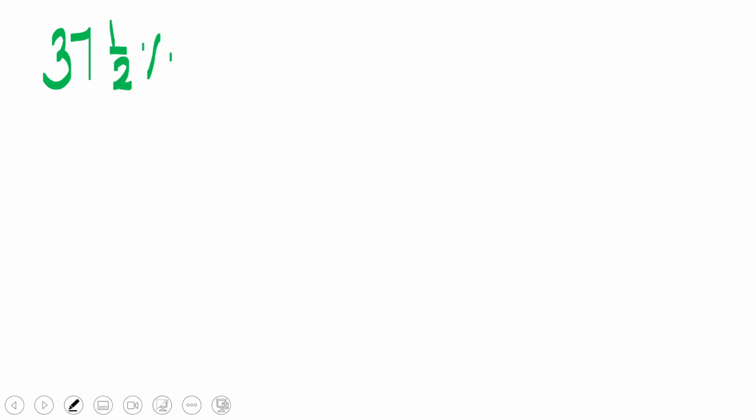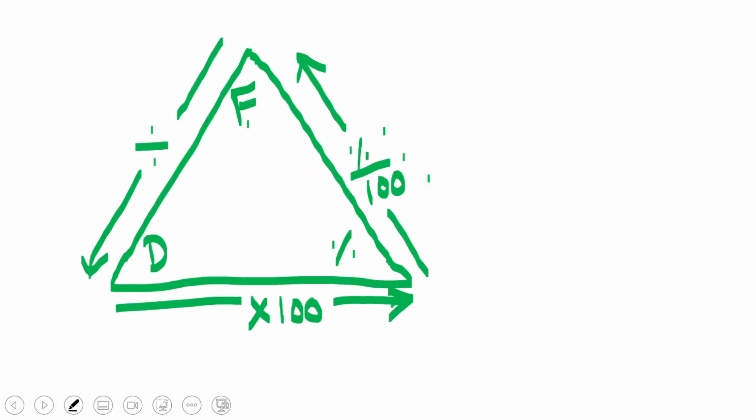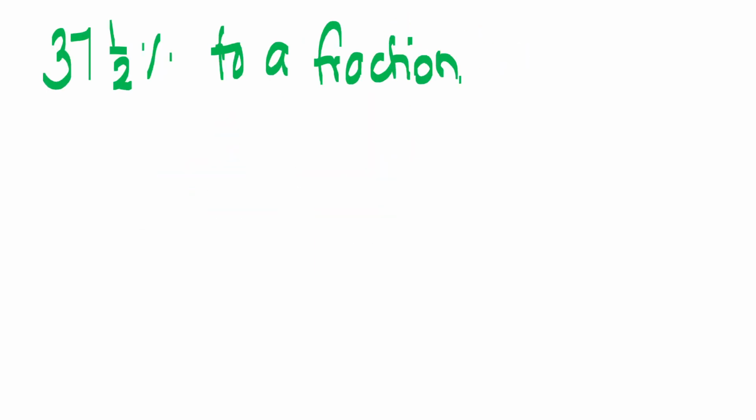We're asked to express something like 37.5% as a fraction. Again, we're going to go back to our flow chart. Okay, that's a percentage to a fraction. We're going to put our percent over 100. Okay, so we're going to say 37.5%, taking it to decimal form, a decimal percent.